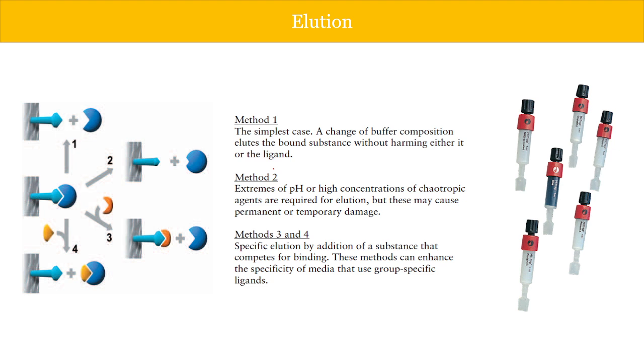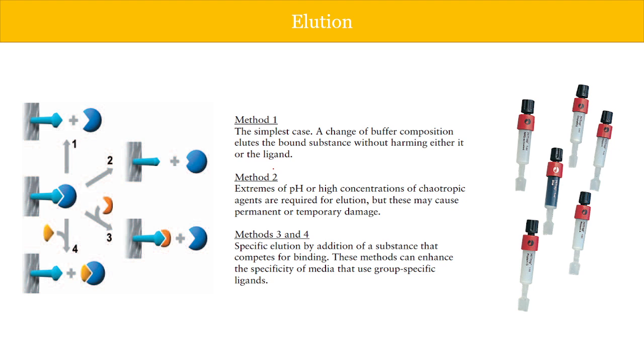Now at times it might happen that only on changing the buffer composition, it will not actually elute your protein. So then what you do, you have to change the concentration of your chaotropic agents, or sometimes you have to reach the extremes of the pH for this elution.